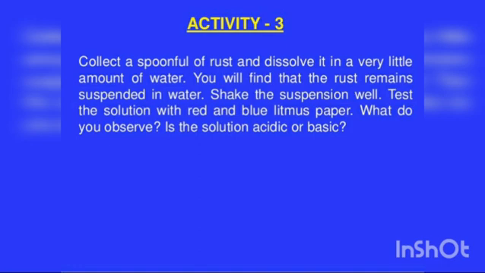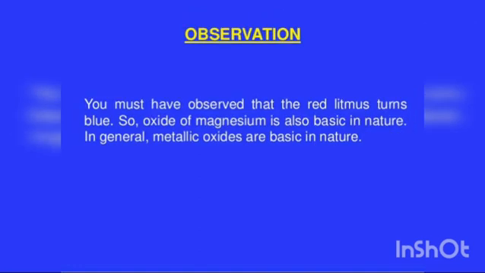What do you observe, children? You must have observed that the red litmus paper turns blue. So, oxide of iron is also basic in nature. Oxide of iron is nothing but the rust you have collected there. In general, metallic oxides are basic in nature.